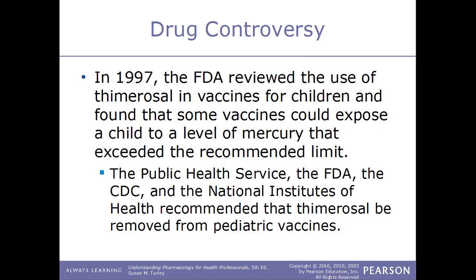In 1997, the FDA reviewed the use of thimerosal in vaccines for children and found that some vaccines could expose a child to a level of mercury that exceeded the recommended limit. So the Public Health Service, FDA, CDC, and the NIH recommended that thimerosal be removed from pediatric vaccines.